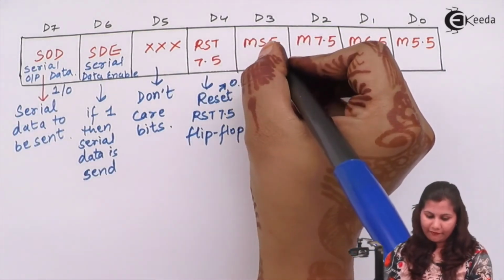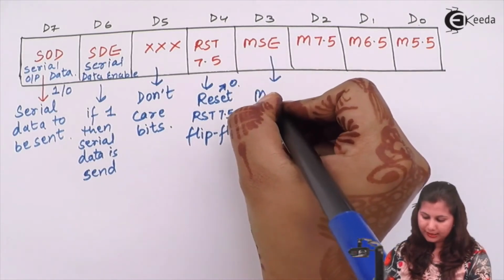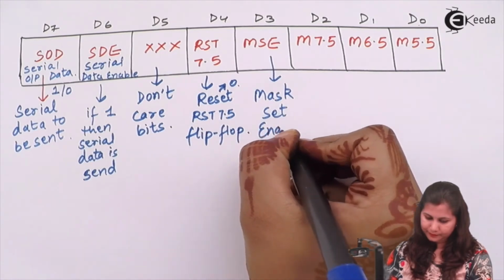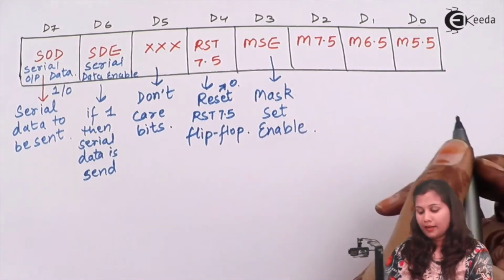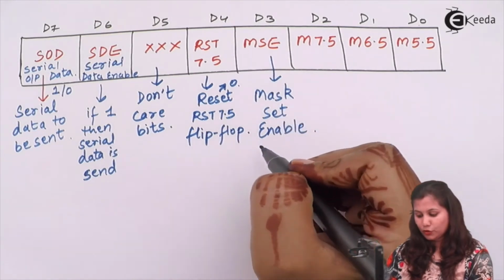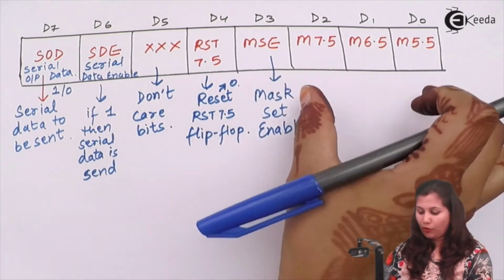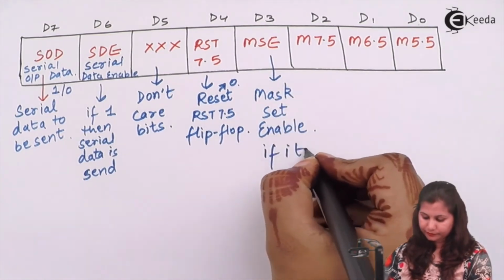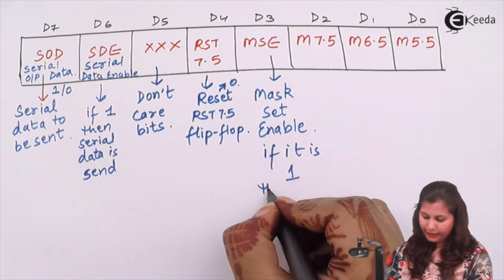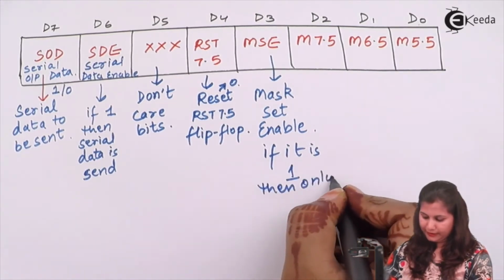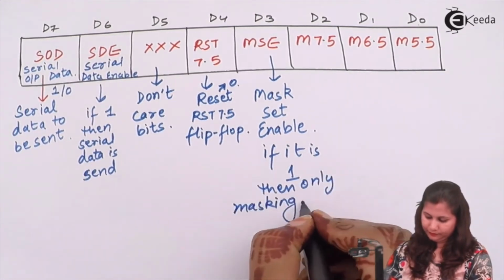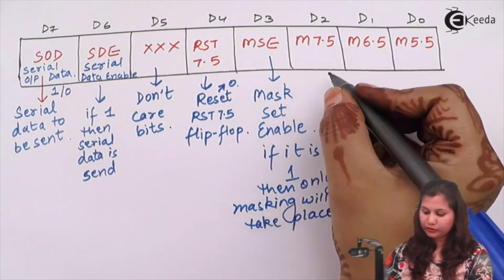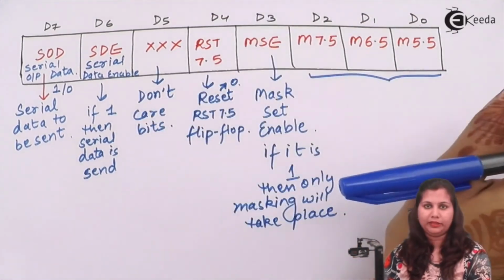Then we have MSE, which is mask set enable. This bit is used to enable the masking of these 3 interrupts. If it is 1, then only masking will take place. If it is 0, then these 3 interrupts will not be masked.